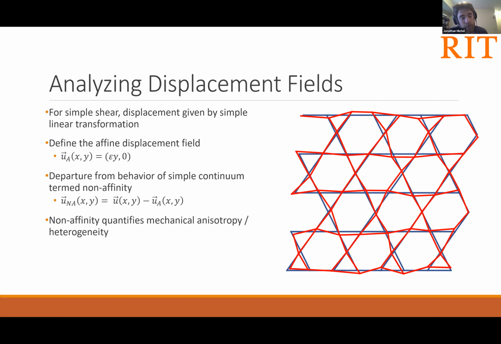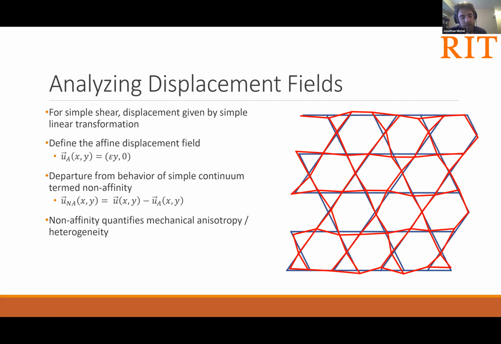So then we introduce the non-affine displacement as the true displacement of each vertex in this network minus the ideal affine displacement given by this simple linear transformation you see here, in which the x displacement is proportional to the height of the vertex times the amplitude of the shear strain.